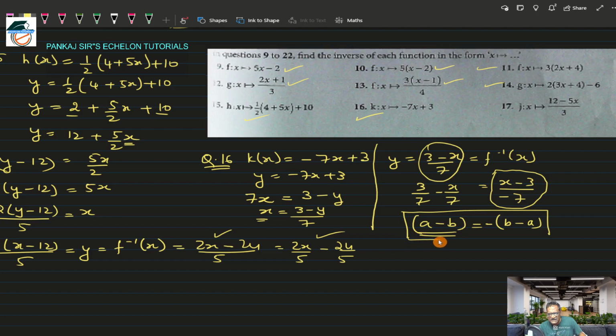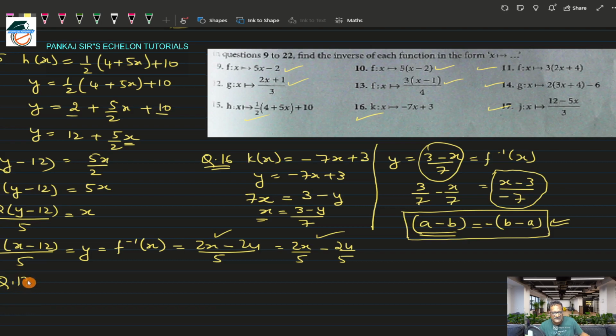This you should know. Everybody should know this step very well. In many cases, the need arises to use this particular thing. It's a very simple thing, but you should know how it works. So whether the answer is (3 minus x) upon 7 or (x minus 3) upon minus 7, no matter, both are correct.